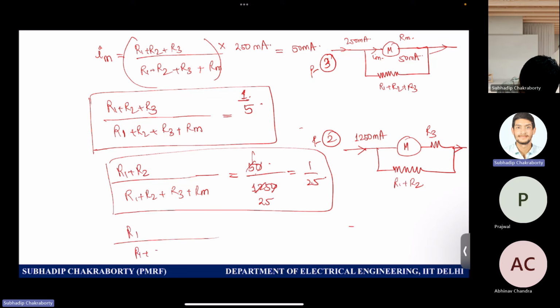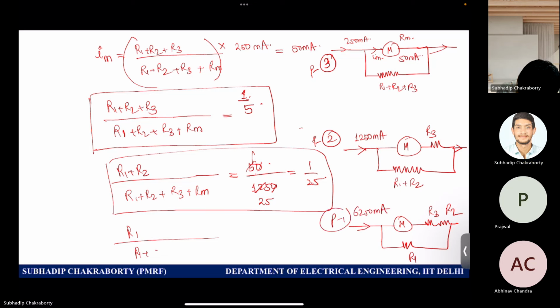Then you have for position 1, R3 and R2 are in series and R1 is like this, and you have 6250 milliampere for position 1.